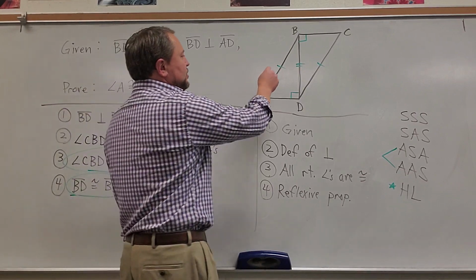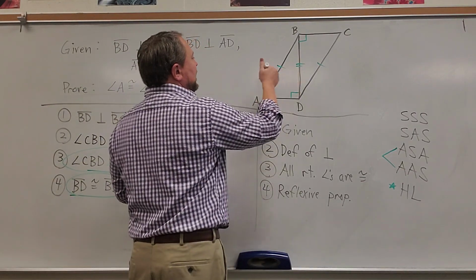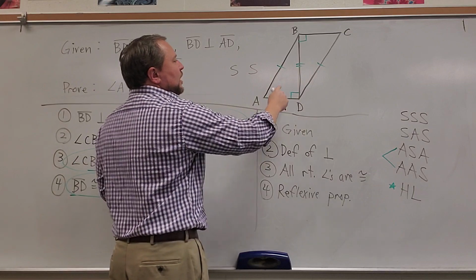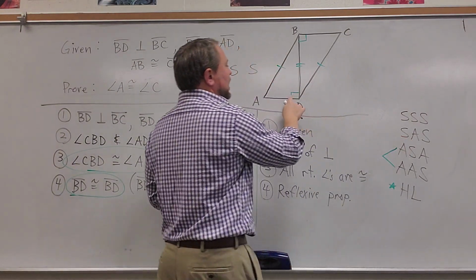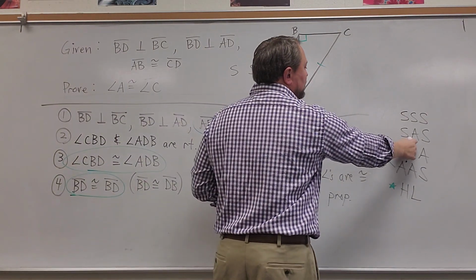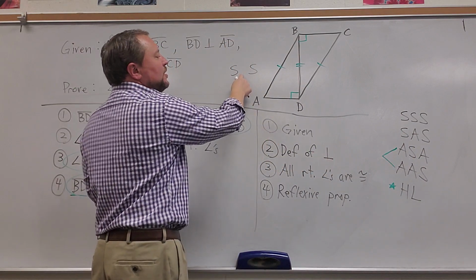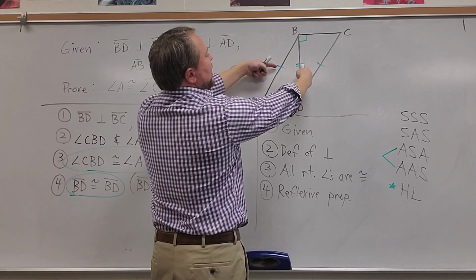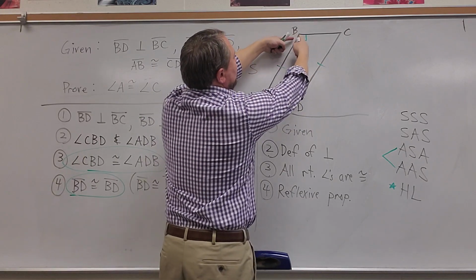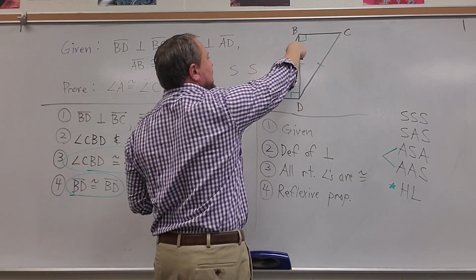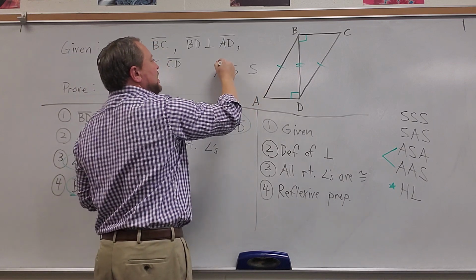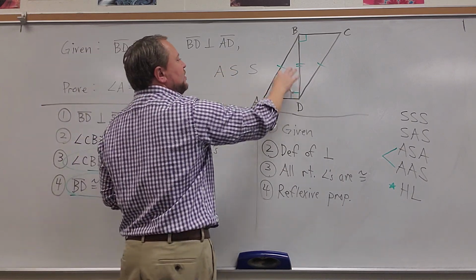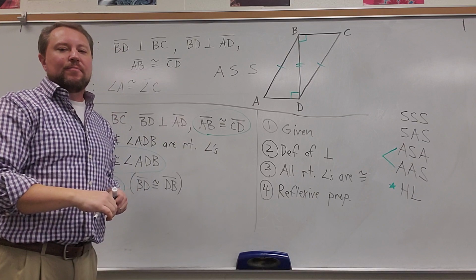I notice I've got two sides, and normally I would need my angle that I have here to be in between, you know, SAS. But the angle that would be in between these two sides would be the angle formed by those two sides. It'd be up here at the top. So this is not the angle in between the sides. This angle is down here away from that.